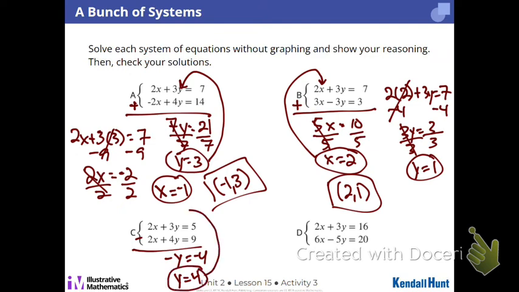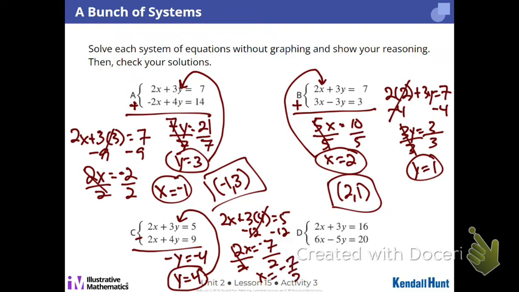Once I know what y is, I can put it in and get x. Subtract 12. Bob knows that it's negative 7. He already told me. Divide by 2. So x is negative 7 halves, which means where they cross is negative 7 halves, 4. Or negative 3.5.